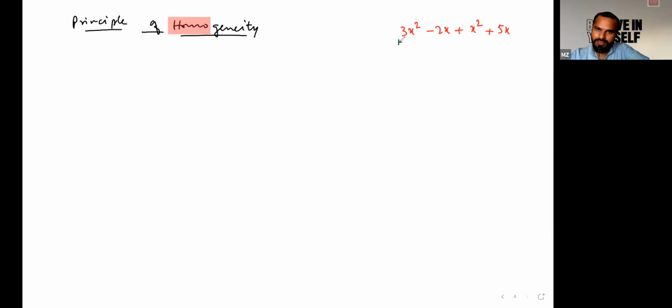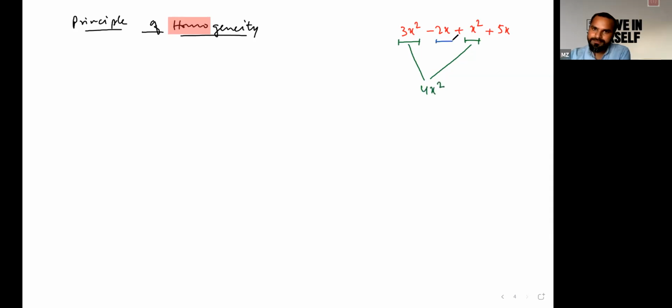Just see 3x square and x square. We can call them like terms. We have just defined there that only like terms will be added or subtracted. Since this term contains x square and this term contains x square, these two can be added together. So it will become 4x square.